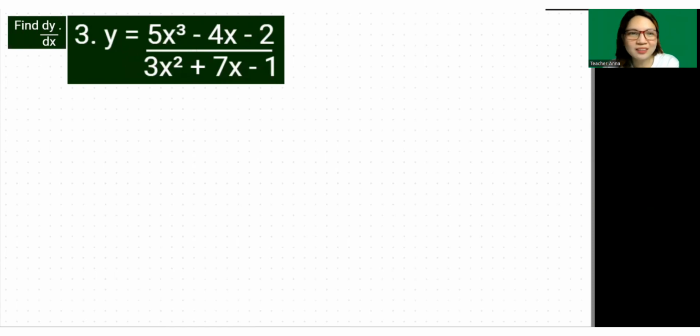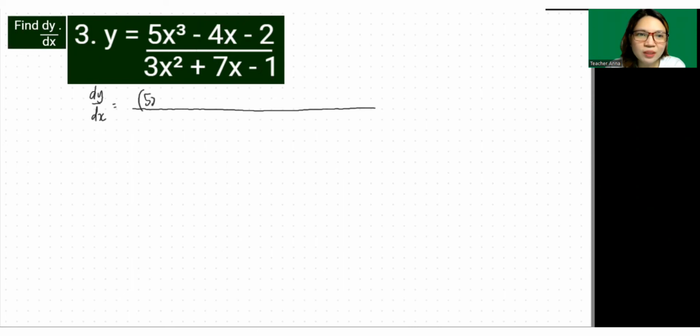Now for our third example, we have y is equal to 5x cubed minus 4x minus 2 all over 3x squared plus 7x minus 1. So the derivative of y with respect to x is equal to, let's do this step by step applying the quotient rule. We have the derivative of the numerator, so that's 5x cubed minus 4x minus 2 prime multiplied by the denominator 3x squared plus 7x minus 1.